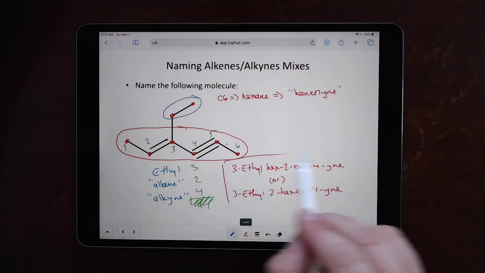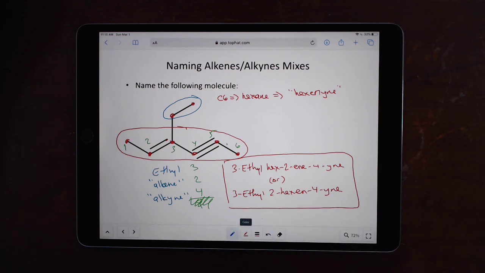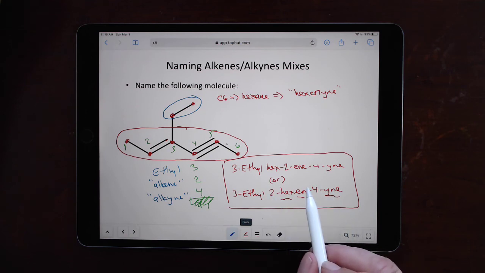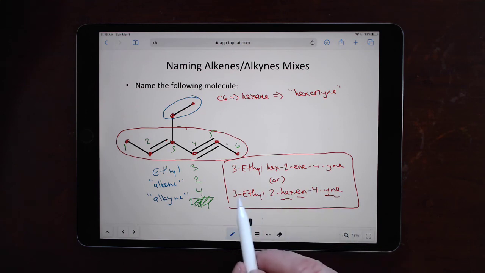Just do the best with the spelling that you can. Like that. So to indicate that, yep, there's this 6-long chain, there's a double bond, there's a triple bond in it. Right? Where's the double bond? It's at carbon 2. Where does the triple bond start? Starts at carbon 4. And oh, hey, there's an ethyl group in here, carbon 3.